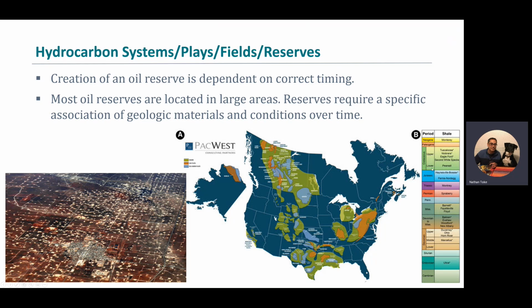And so we can see them by age. So we have a lot of Cretaceous age materials in some areas. We have some older Jurassic, Permian, and other types of rocks that have produced these oil reserves.